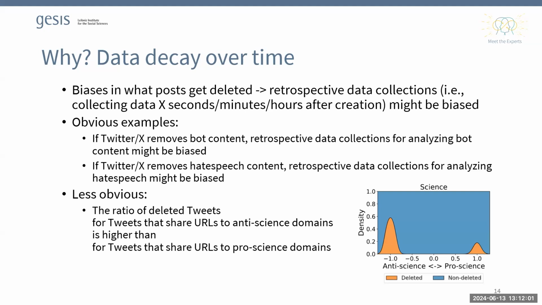By anti-science domains, we mean websites or domains that have previously shared fake news about scientific studies, conspiracy theories. And by pro-science domains, we mean domains like journals, nature.com, and domains like that. And we've seen that the ratio of deleted tweets is higher for anti-science domains.